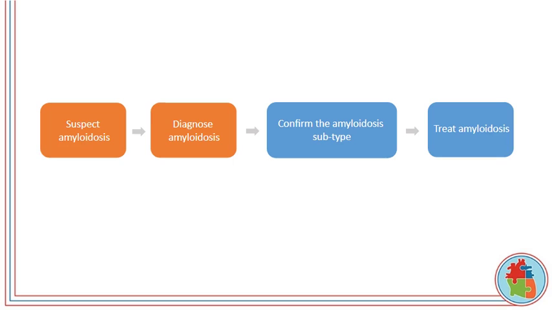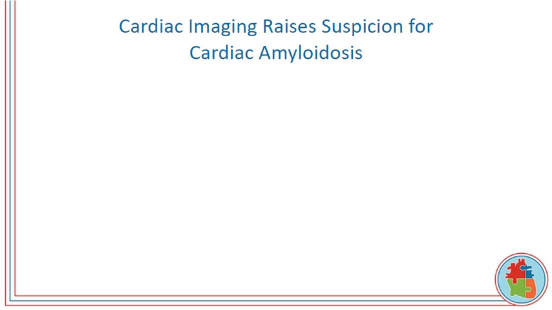Cardiac imaging plays a critical role in these first two steps of the pathway, raising initial suspicion for the diagnosis and then helping to make the diagnosis in many cases. Cardiac imaging also plays a smaller role in confirming the amyloidosis subtype and monitoring treatment response, as we will discuss shortly.